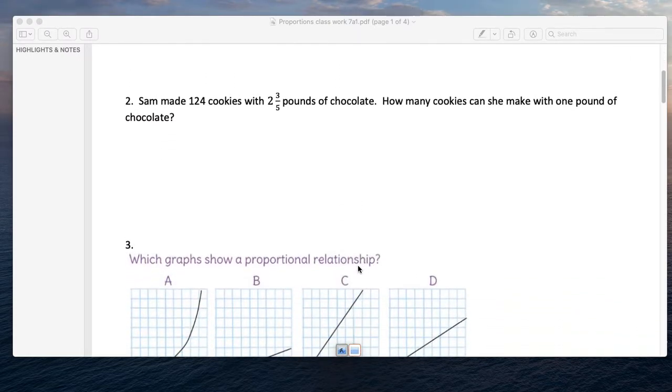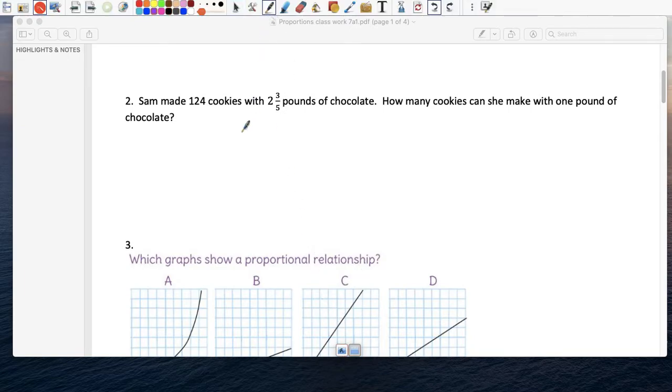So this one, again, we want to write it as a unit rate. So we have 124 cookies, and we use 2 3/5 pounds of chocolate.